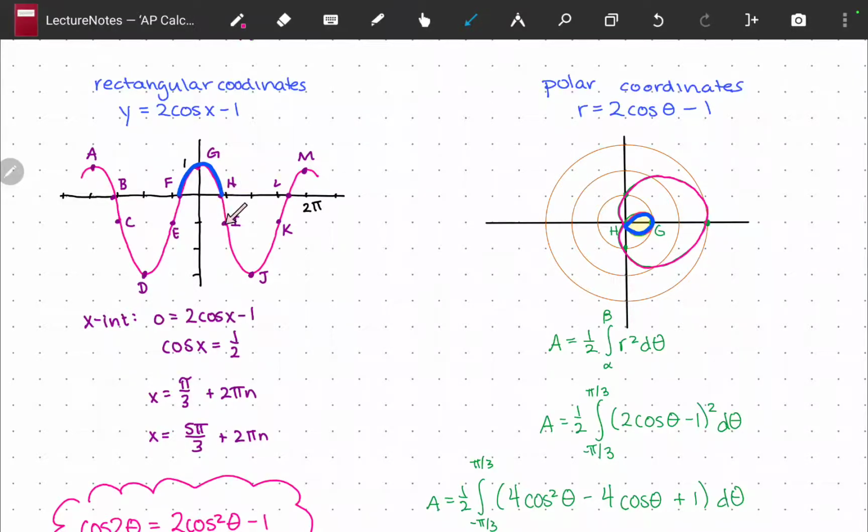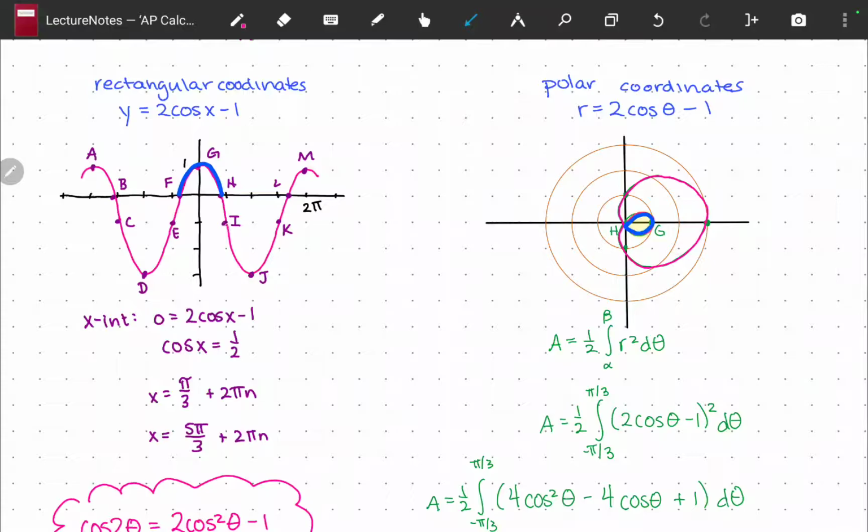Well, the angle is increasing. Think about it this way. We're going from pi over 3 to pi over 2, so it would be in quadrant 1, but then the radius is negative, so that puts us into quadrant 3. So we have this kind of curve.